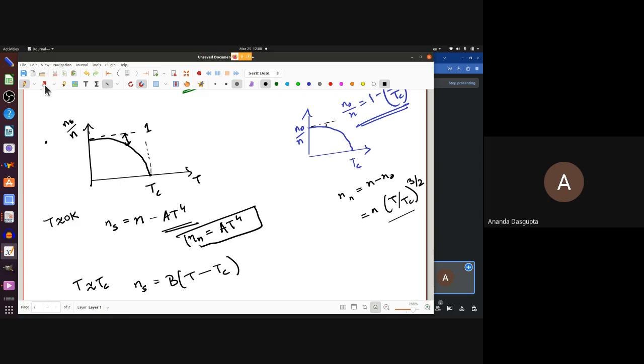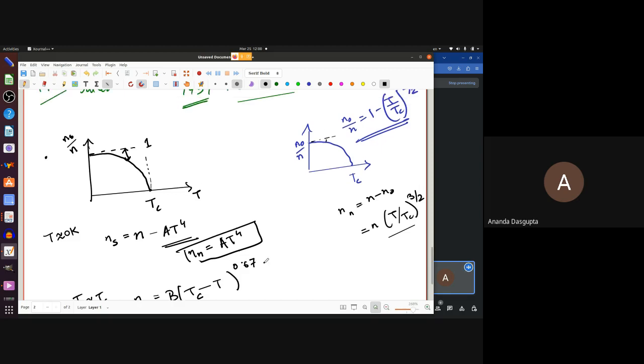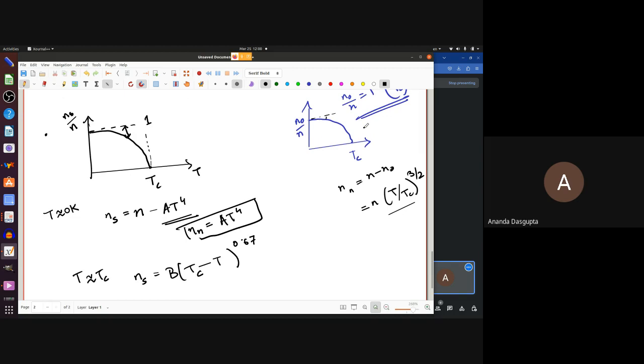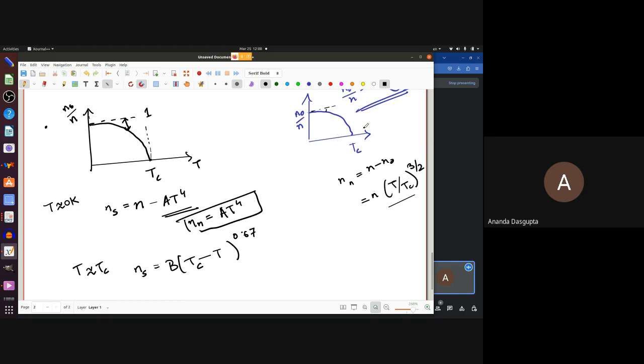Sorry, not T minus Tc, T minus Tc would be negative. Actually, Tc minus T to the power 0.67. That's again experiments. Then convince yourself that close to T equal to Tc, the behavior of the BEC condensate will be quite different.